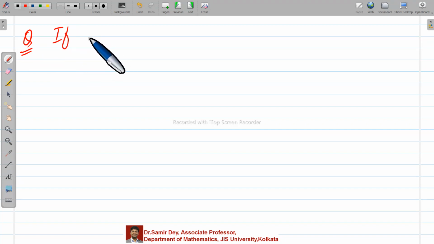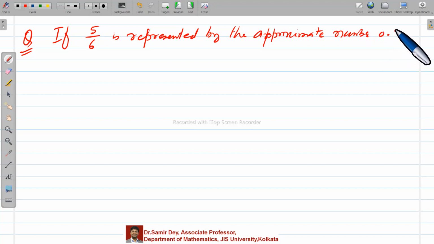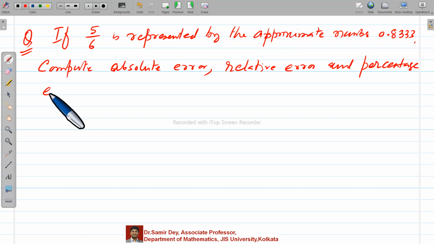If 5 by 6 is represented by the approximate number 0.8333, compute the absolute error, relative error and percentage of error. Clear?